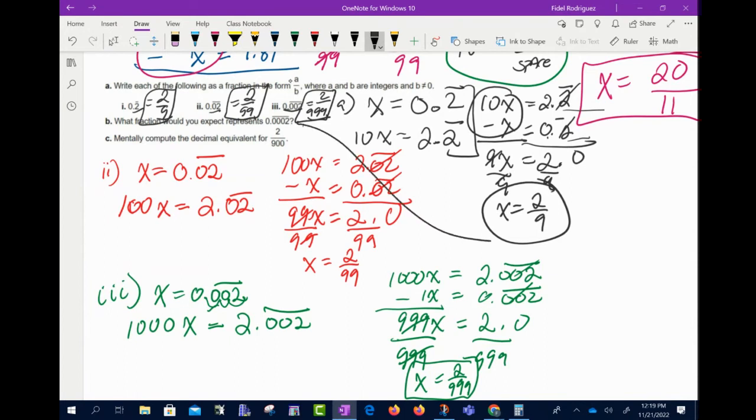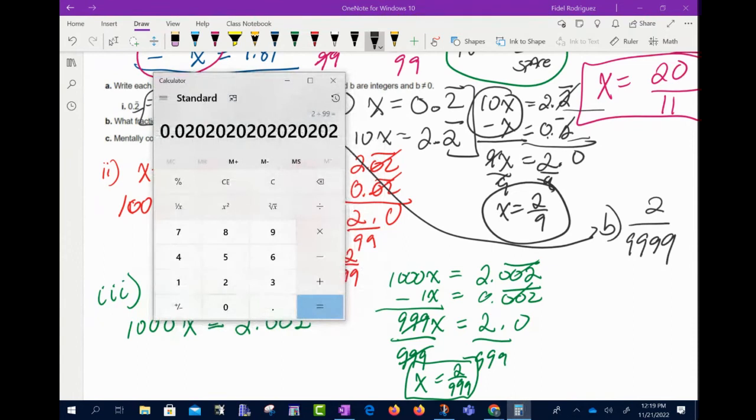So when I look at part B, and I'm going to do part B over here because I kind of ran out of room, I'm going to say, look, I have 1, 2, 3, 4. So I should have 1, 2, 3, 4 nines, right? If I follow that same kind of pattern, okay? All right, and then part C says, let's go ahead and mentally compute the decimal equivalent.